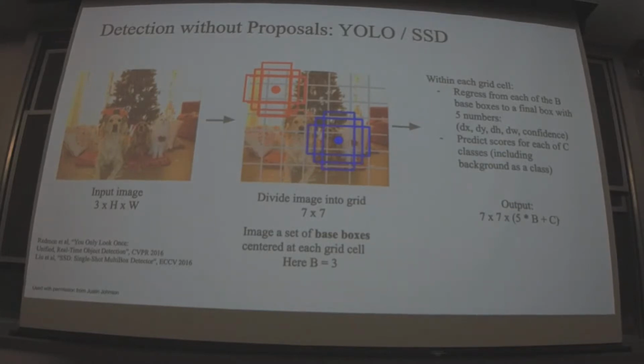This is done through a confidence measure. Then for those it thinks have an object in them, you regress the box to the actual box that contains that object. So it's very much the same, but done directly without any region proposal network. You just start with these base boxes and learn to do that task.